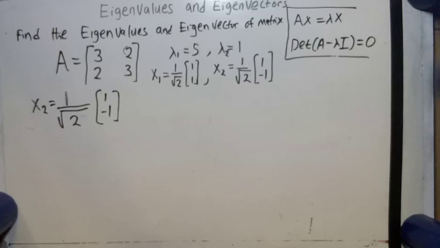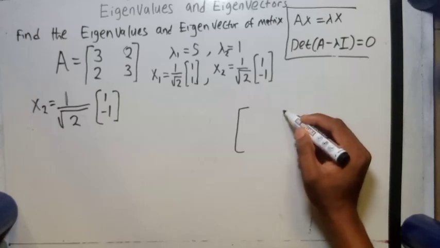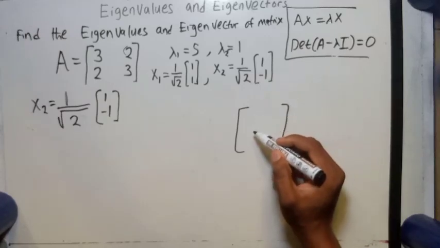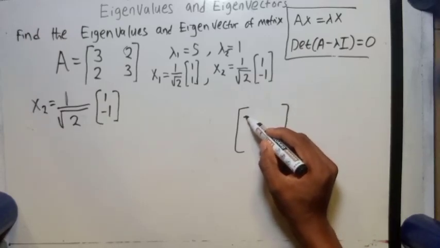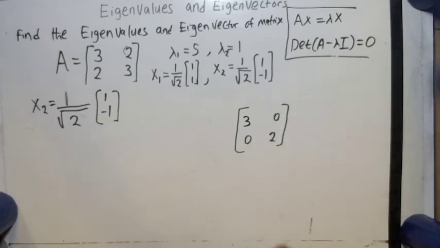Another thing you also need to know is that for a diagonal matrix, let us say you're told to find the eigenvalues and eigenvectors of 3, 0, 0, 2.